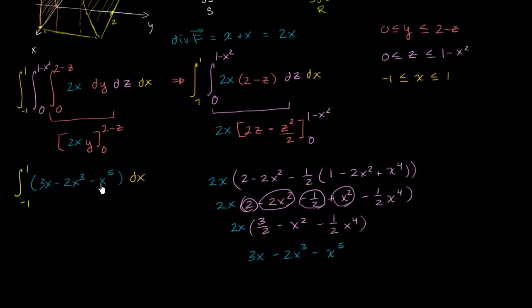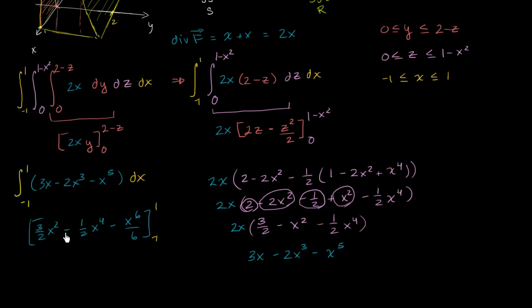And now we just take the antiderivative with respect to x, which is going to be 3/2 x squared minus 1/2 x to the 4th, because it's going to be 2/4 x to the 4th. Is that right? Because if you multiply it, you're going to get 2x to the 3rd, yep. And then minus x to the 6th over 6. And it's going to go from negative 1 to 1.